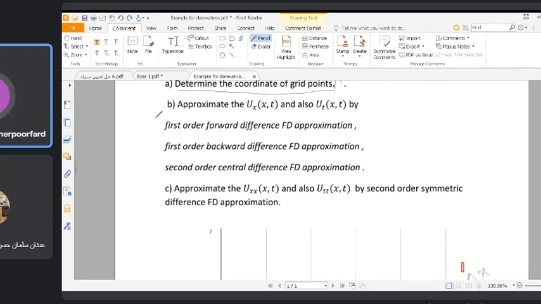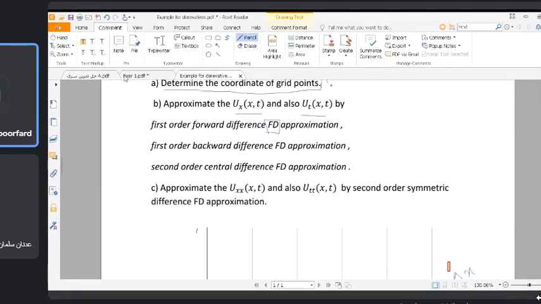Part B of this question is to approximate the u_x of (x,t) and also u_t at (x,t) by first order forward finite difference approximation. Everyone, when we say FD, our purpose is finite difference.